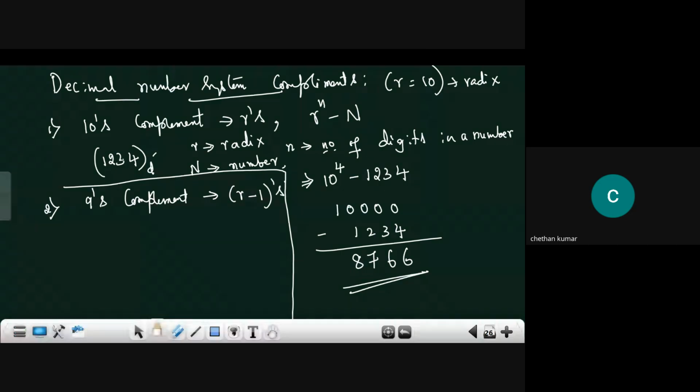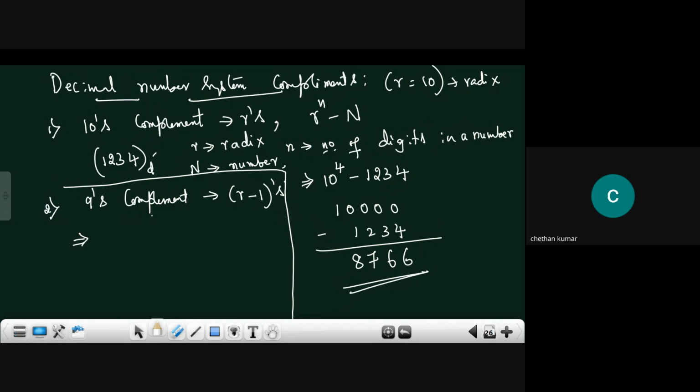How to do nines complement of this number? 1, 2, 3, 4. What is the nines complement of this number? I don't want your explanation, I want it in terms of equations.